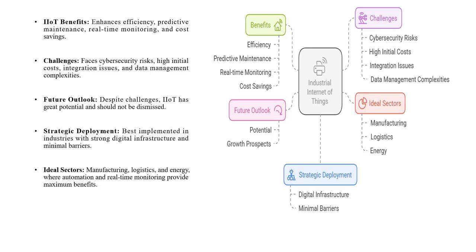And also sectors like manufacturing, logistics and energy, where automation and real-time monitoring can enhance the productivity, are ideal for the industrial IoT implementation. And by focusing on such areas, businesses can maximize the benefits of industrial IoT and minimize risk and operational challenges. Okay, so this was about the basics of industrial IoT.